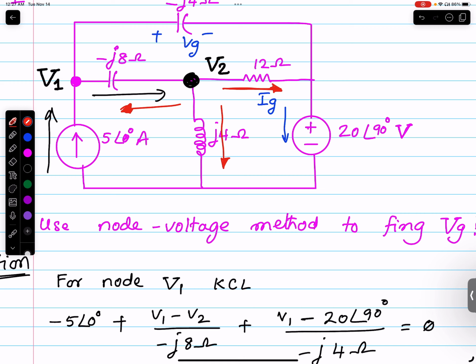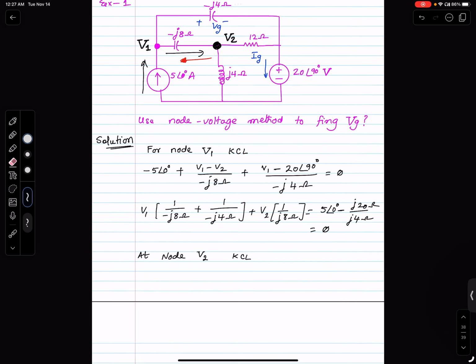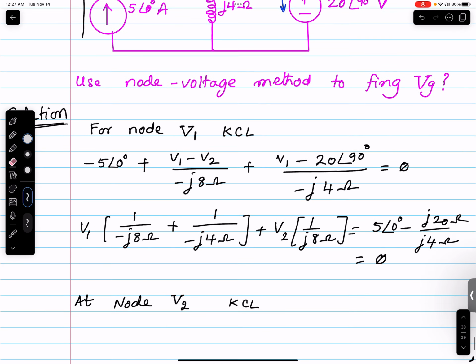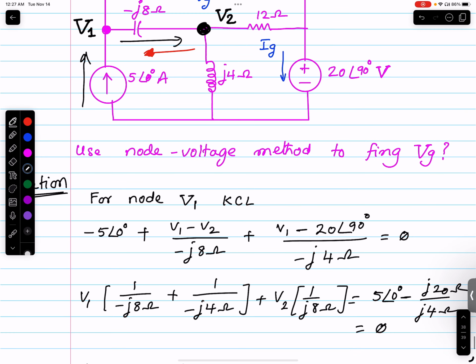So let's start with the current that's leaving towards the left, westward direction. That will be V2 minus V1 by negative J8 ohms.